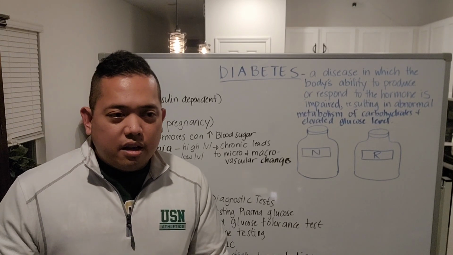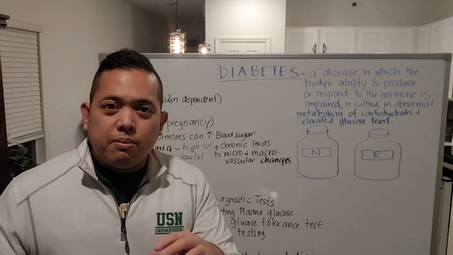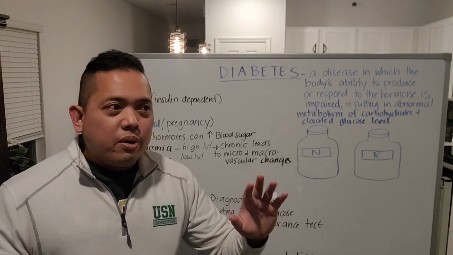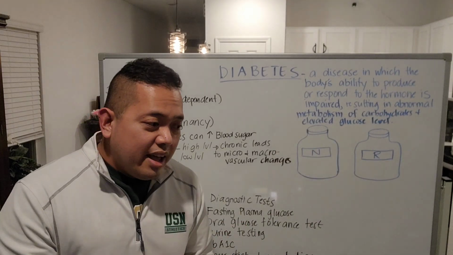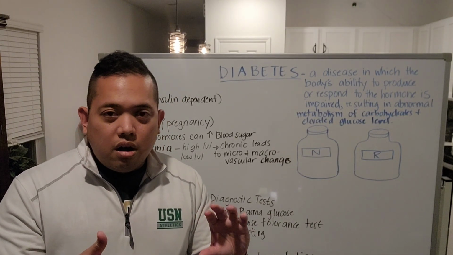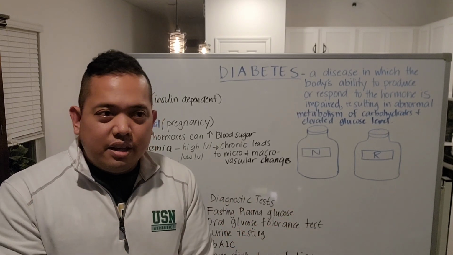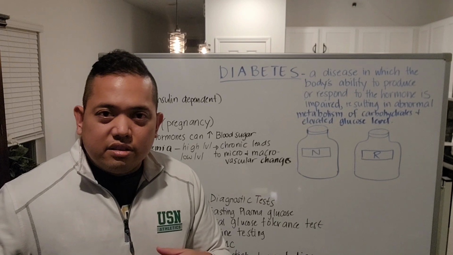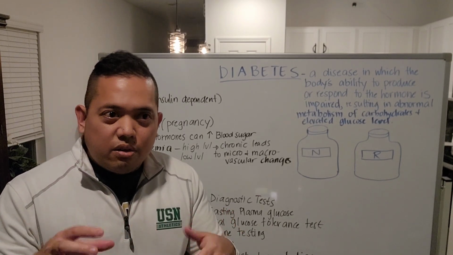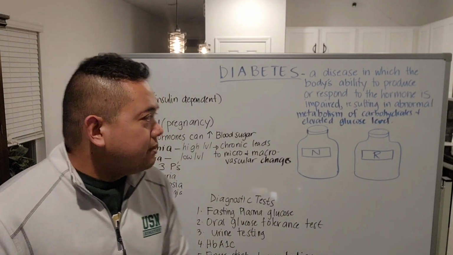Because again, the glucose needs insulin to be able to enter the cells so that we can use it. So there's two ways: not enough insulin, and the other one is if the receptor of the cell is not able to take in insulin, or take in glucose, because there's a resistance, so insulin resistance.